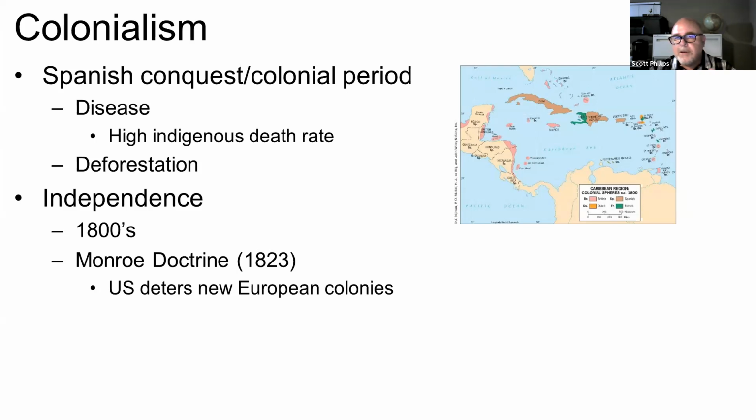Maybe not because they were killed directly, but because they lacked immunity to diseases that were brought by the Spanish, and these diseases just ravaged through populations. Some never actually even came into contact with the Spanish, but diseases would be transmitted into the interior and just wreak havoc on indigenous populations.